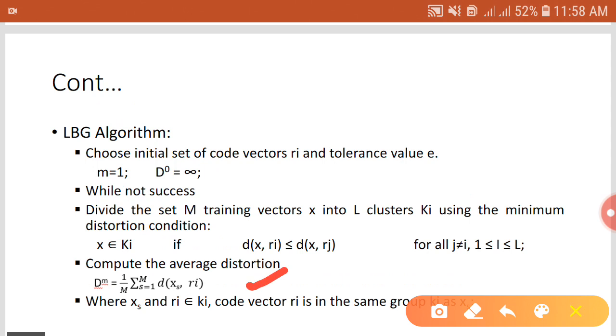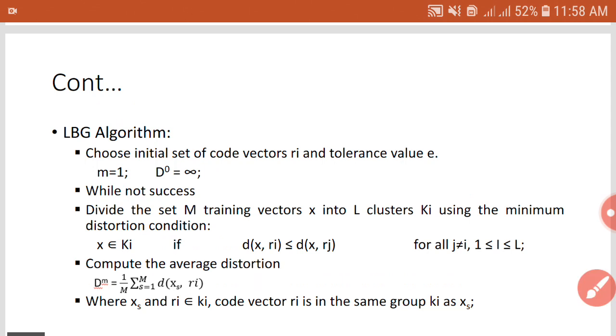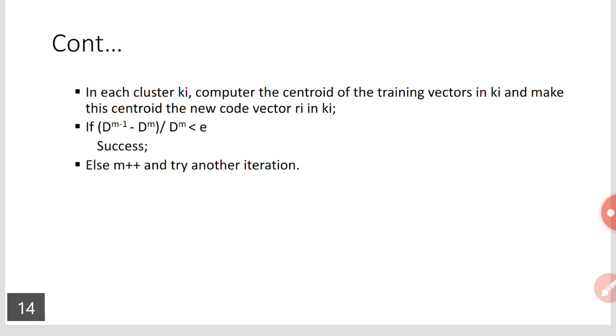You have to compute the average distortion between all the training vectors and representative vectors. Next step is to compute the centroid of the training vectors in each cluster Ki and make this centroid a new code vector Ri in Ki.